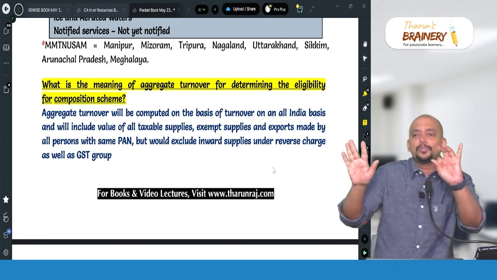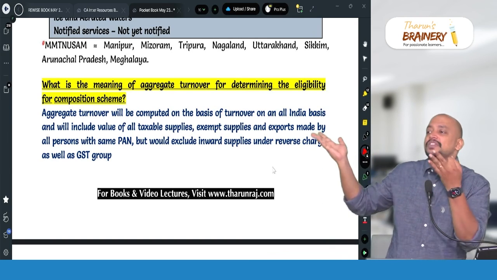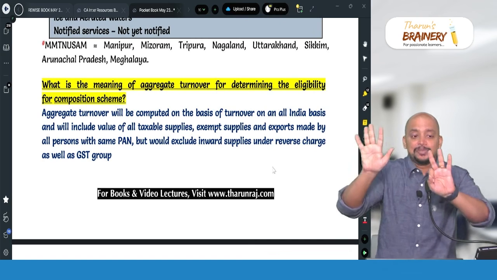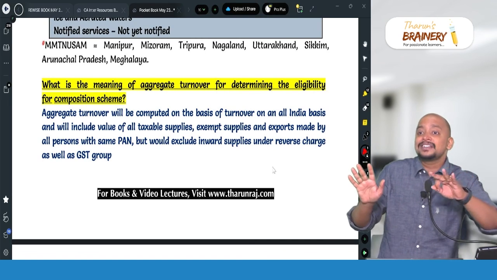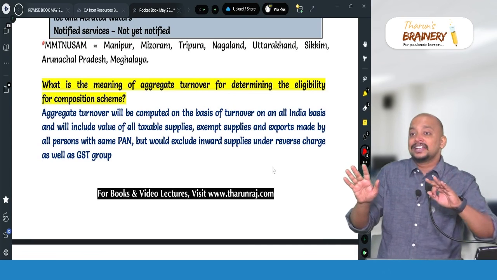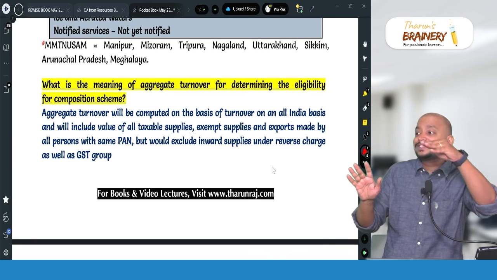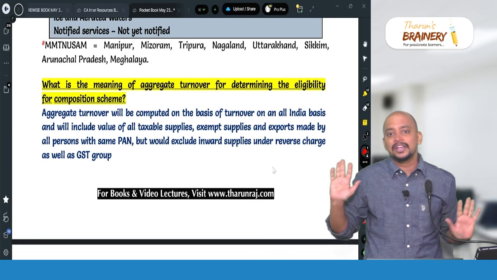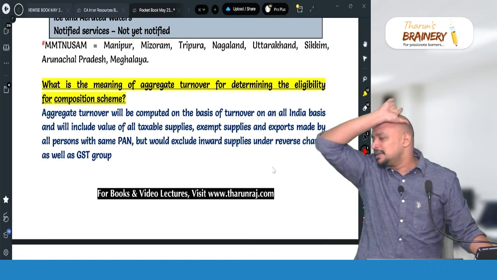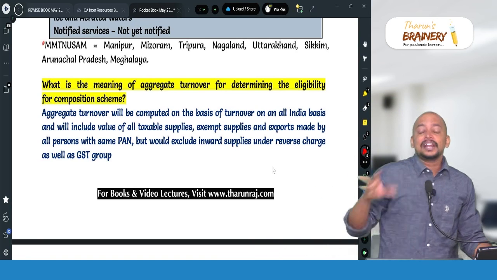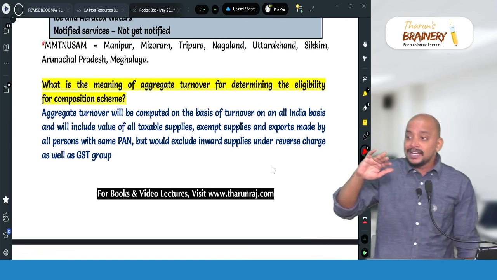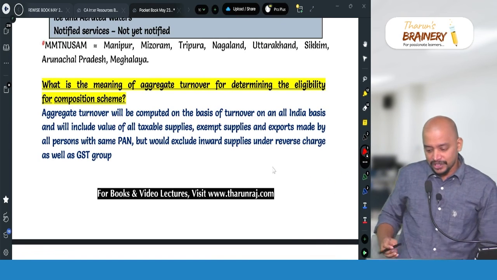Now, there are 2 extra points you need to remember for aggregate turnover for determining eligibility to opt for the composition scheme. It excludes interest on loans, advances, deposits, and it includes pre-registration turnover.